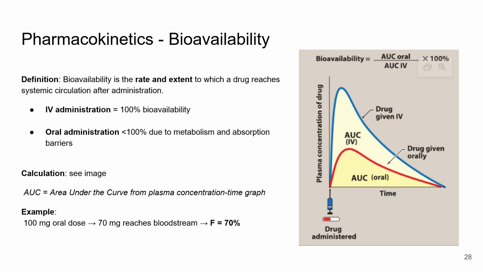For example, if a patient were to take 100 milligrams of an oral drug and only 70 milligrams reach the bloodstream, the bioavailability is 70%. So route of administration matters. Bioavailability helps explain why oral and IV doses will differ, why some drugs must be given by specific routes, and why changes in absorption or metabolism can significantly affect drug levels.